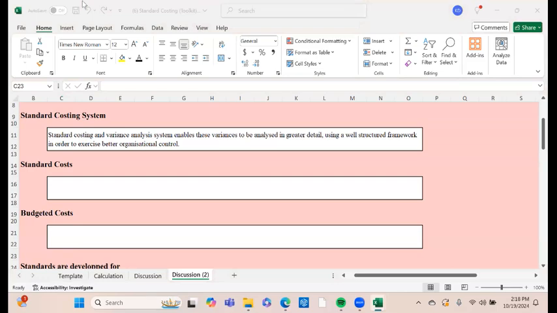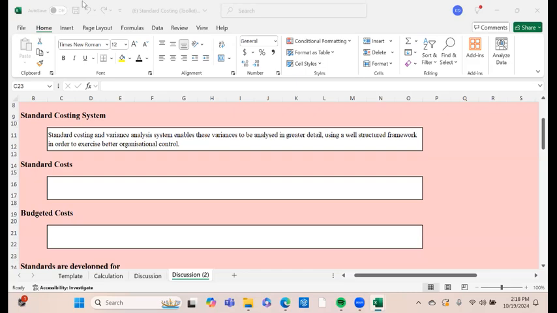Budget is a total statement which is prepared for a department or a responsibility center or for the organization overall. But the building blocks of the budget are the standard costs. Say when you want to prepare your raw material budget, it will be based on your raw material prices, raw material utilization, and the mix of raw material that you will be using to produce those products.